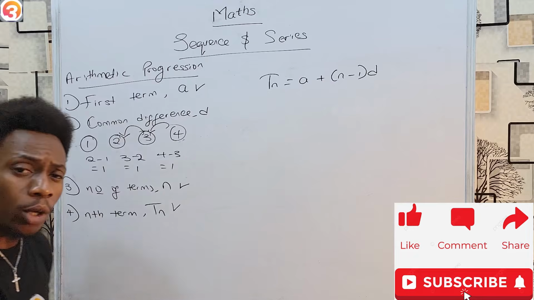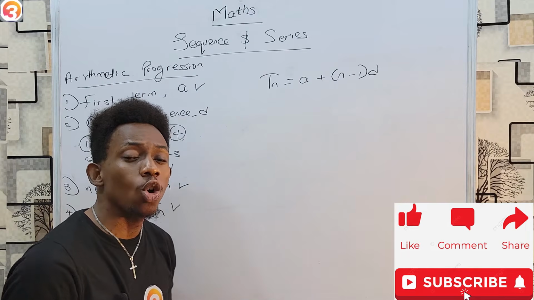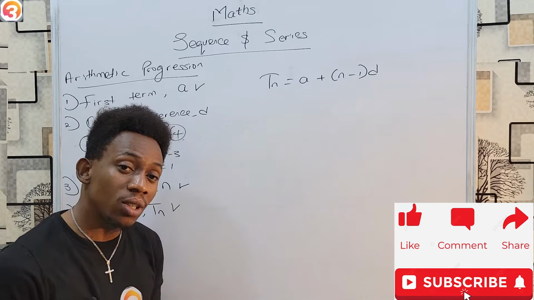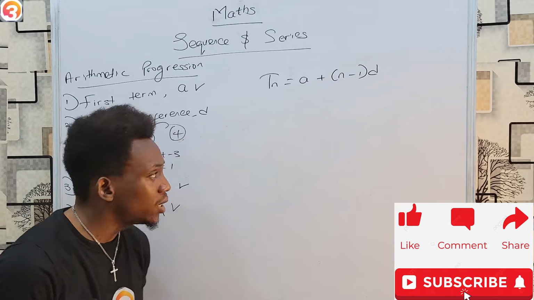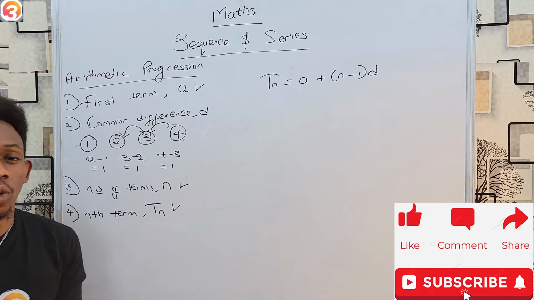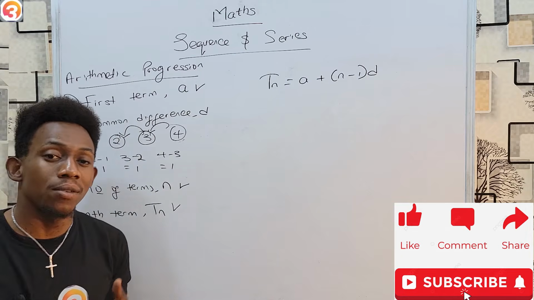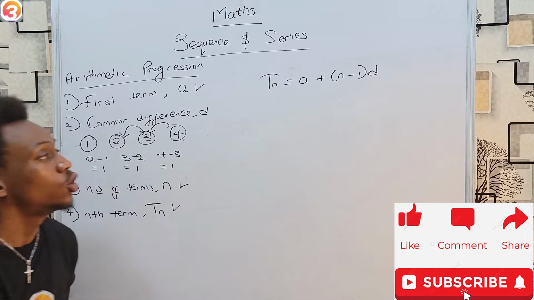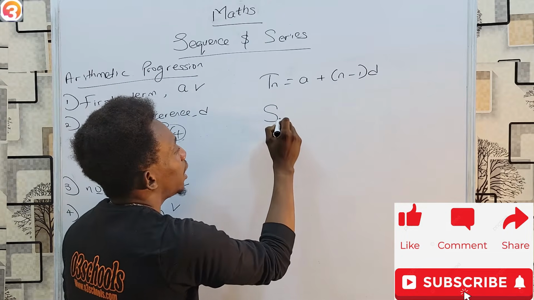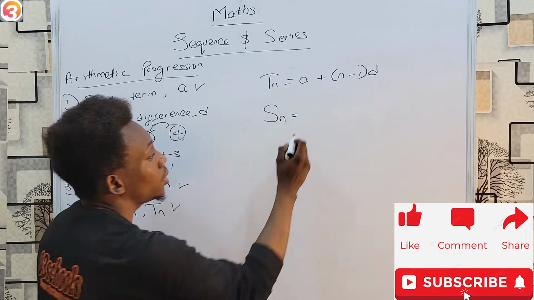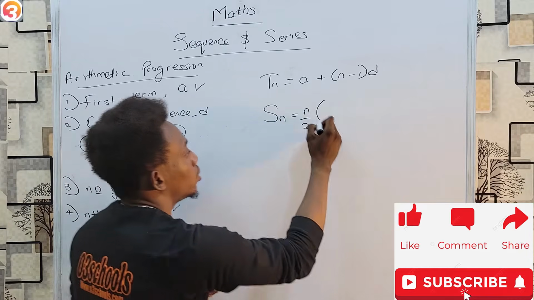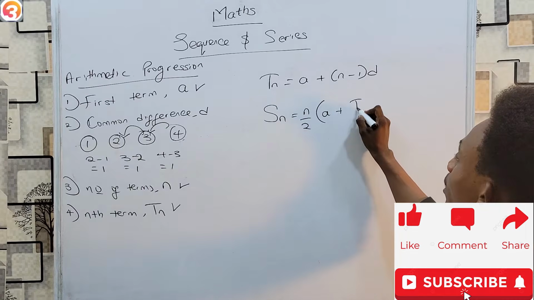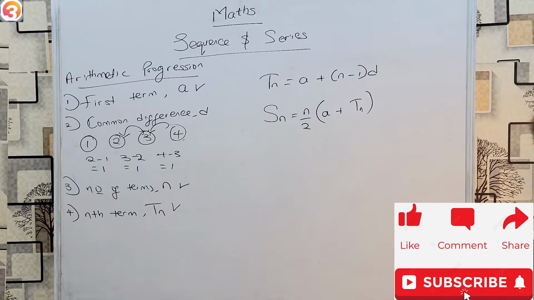Then we may also be asked at times about finding the sum of a certain number of terms. And please note, when finding the sum of a certain number of terms, we always start from the first term and count upwards. So sum of the first 5, sum of the first 10, sum of the first 12, sum of the first 100. To find the sum Sn, that would be n over 2 times (a plus Tn).